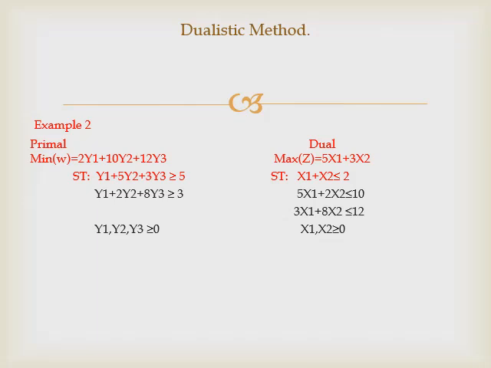The primal has 3 variables: y1, y2, y3. Then respectively the dual will contain 3 constraints.